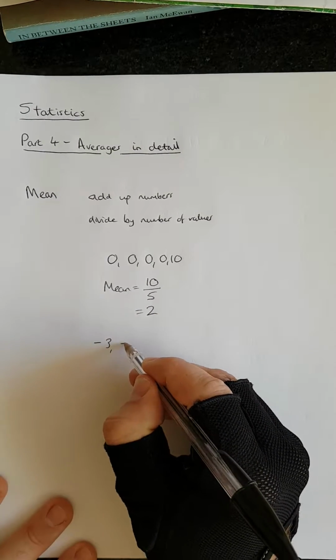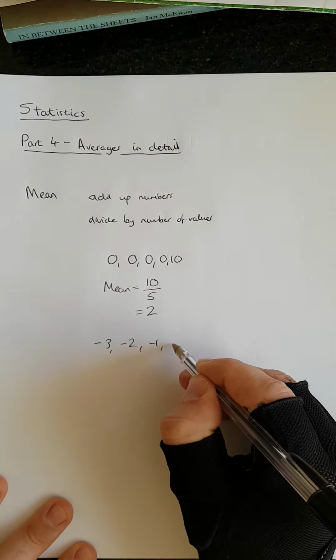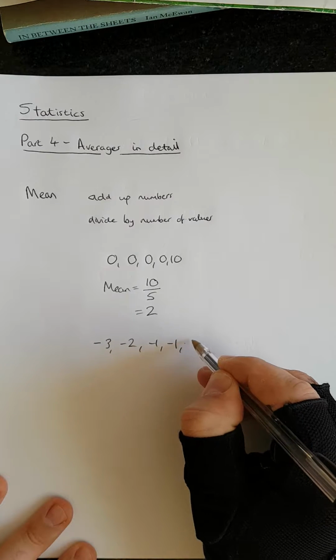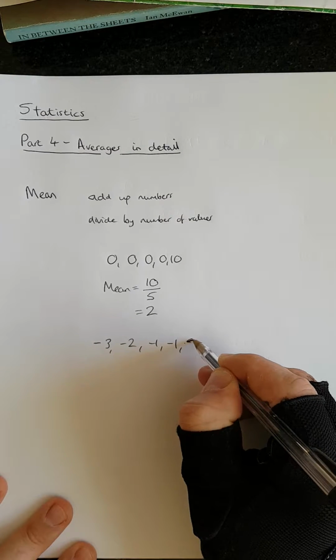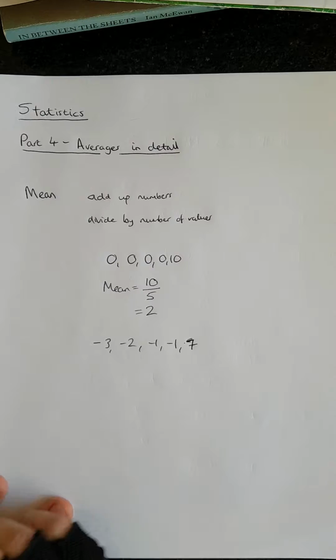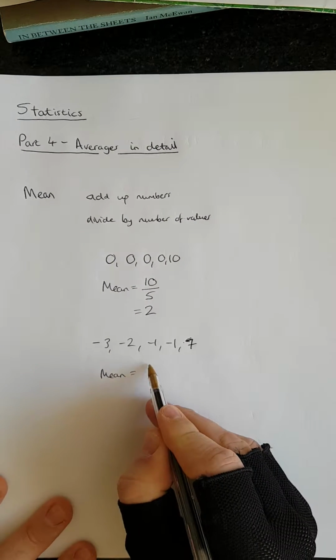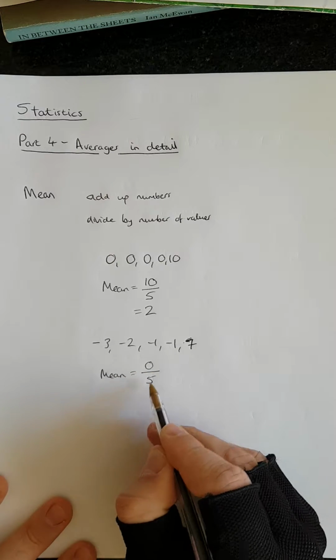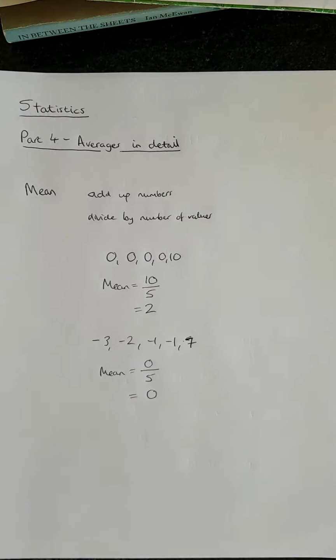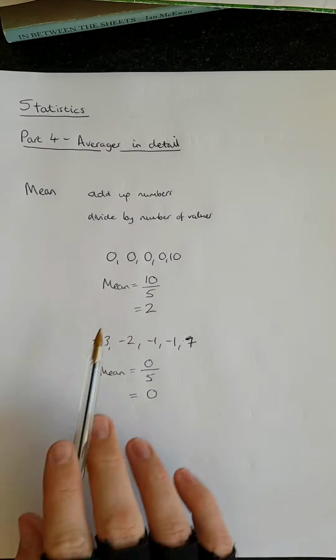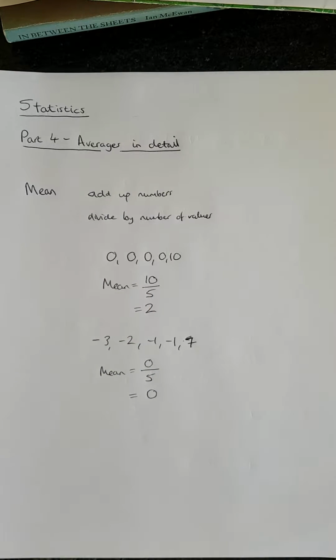These values are also possible. So I add them all up, I divide by the number of values. So your mean could be 0, or it could be something like 2 in this case, and the zeros do count as a value, even though they are 0.